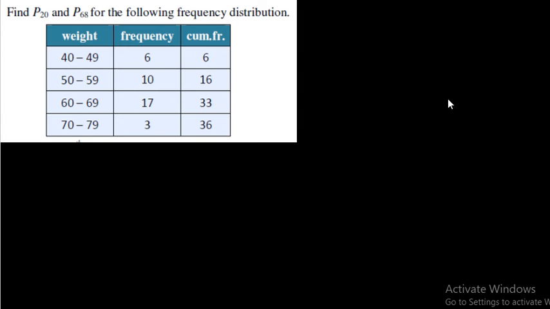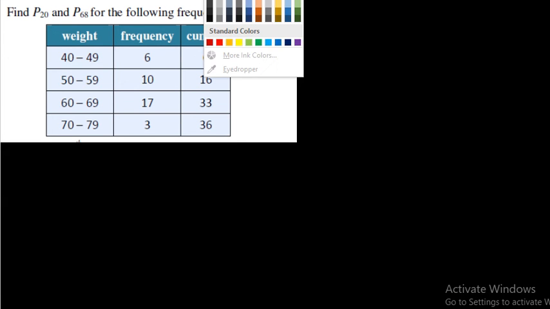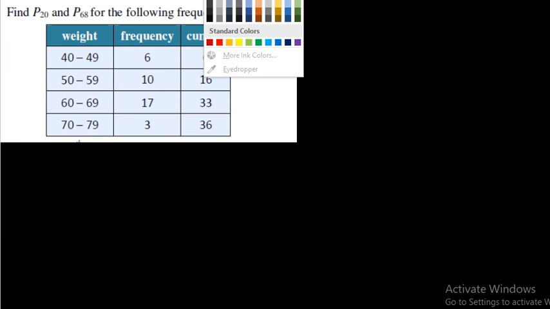Here our data is given to us as classes from 40 to 49, 50 to 59, 60 to 69, and so on, and the corresponding frequency is written, and the cumulative frequency also. What is asked? The 20th percentile and the 68th percentile.